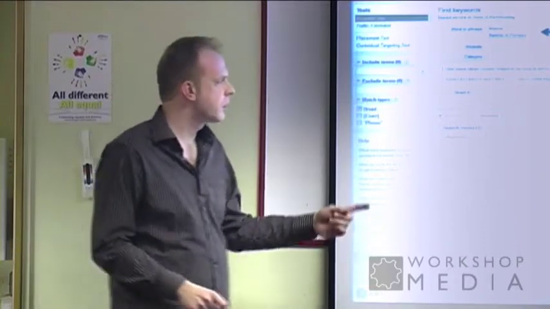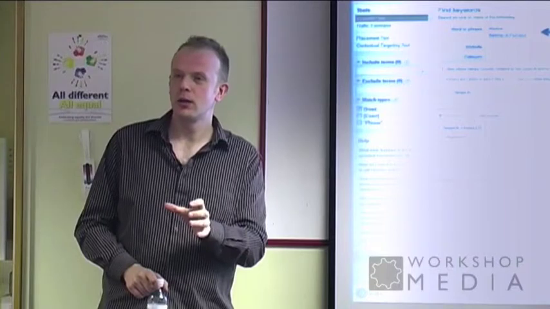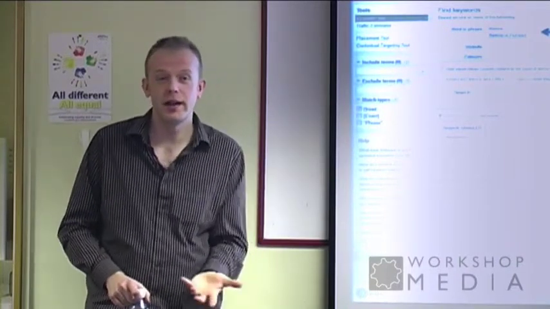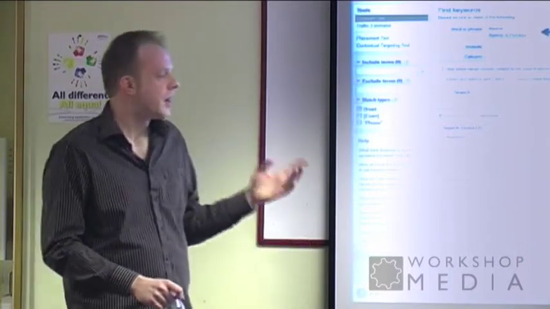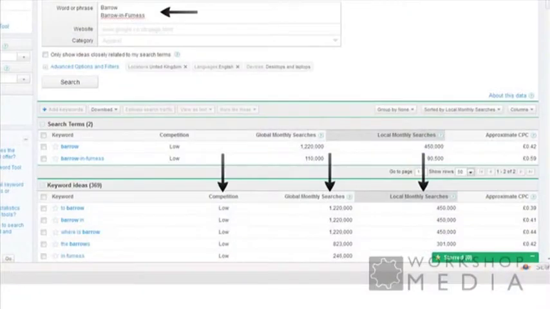In terms of competition, this is how competitive that keyword is. So how many other people are trying to use this keyword to get some traffic? The ideal would be to get a low competition keyword because you don't want to fight over it. It doesn't always happen though. The next thing to look at is local monthly searches.